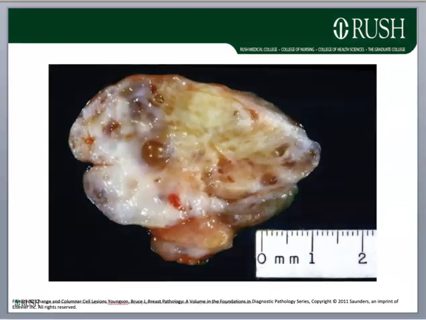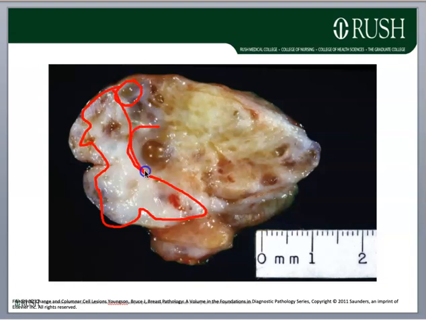So this is the typical gross appearance that we see with fibrocystic changes. We have these irregular white areas, which are the areas of stromal fibrosis, and you can see the clear cysts, which are also present, and they range quite a bit in their size and shape.